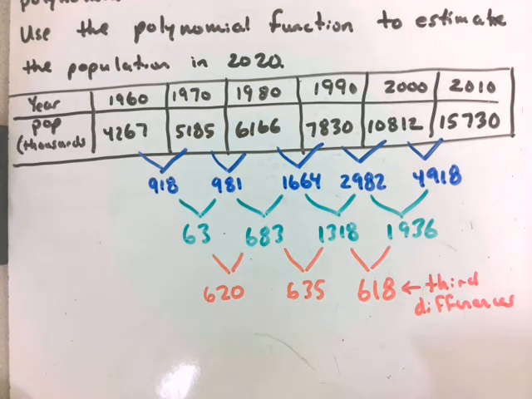Which means a cubic function is what is going to represent this data the best. Our third differences were not the same identical numbers, but they were closer together than any other grouping. So we're going to use the third differences, which implies that we are going to be using a cubic model.